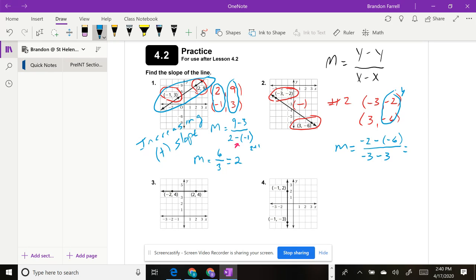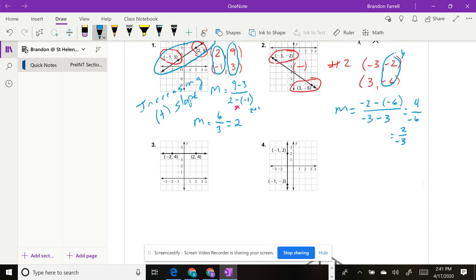So this together is going to be a positive 4 divided by negative 6. This simplifies to 2 over negative 3, so that gives you a slope value of 2 over negative 3.